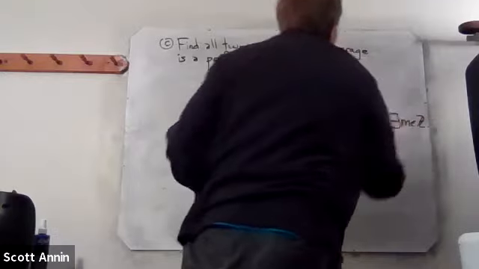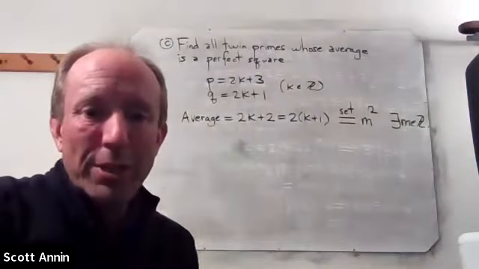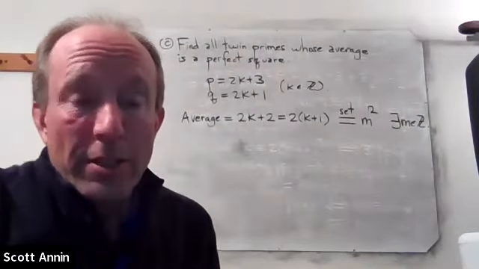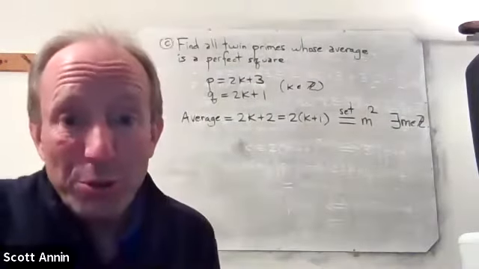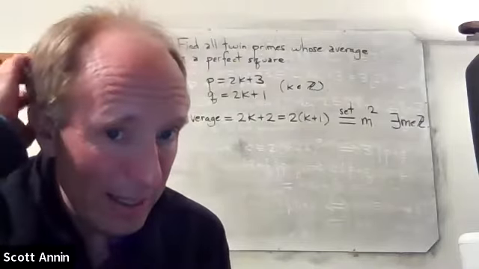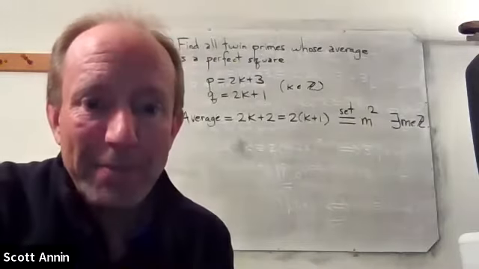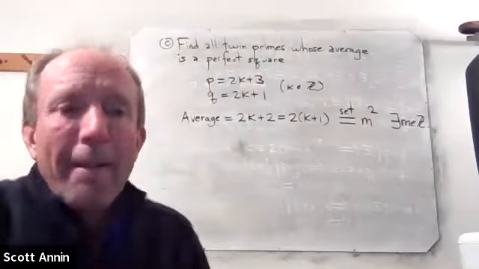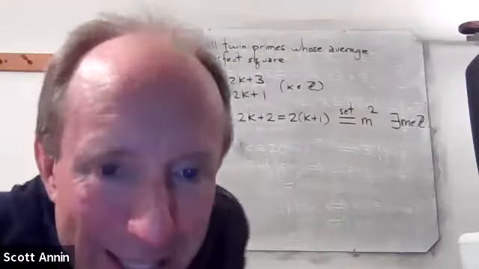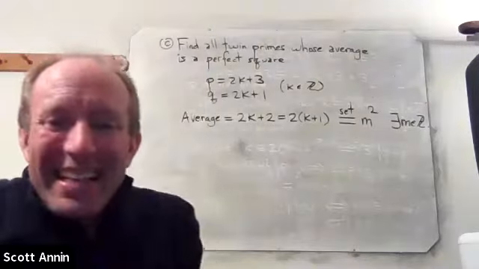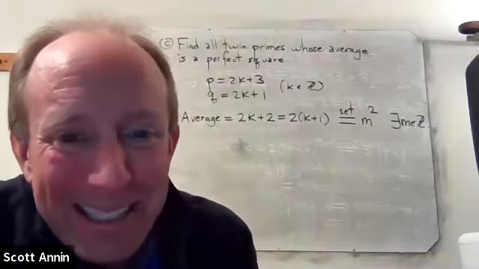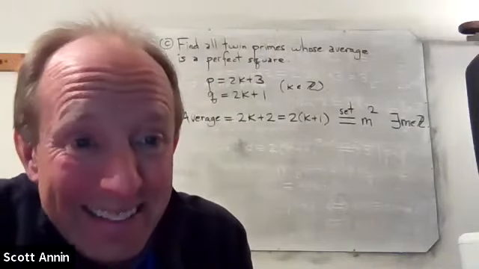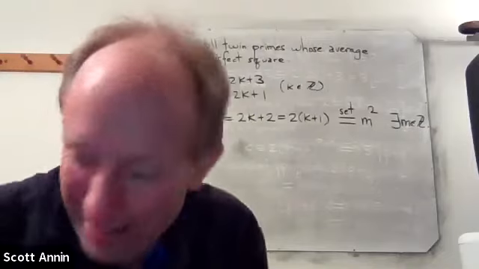So we take an integer m, we're going to square it and set that equal to the average of our two numbers. Well, let's see. Anybody have any ideas what we can do with that? This is a little bit interesting.